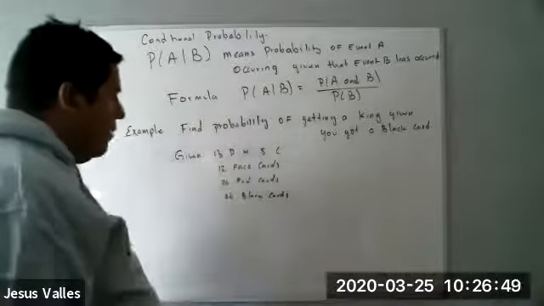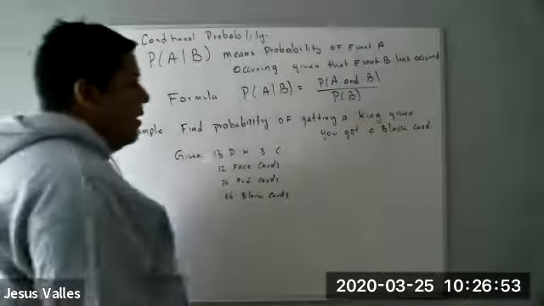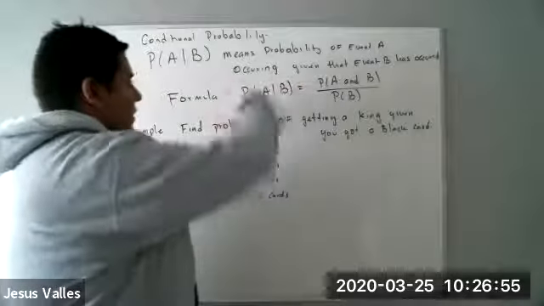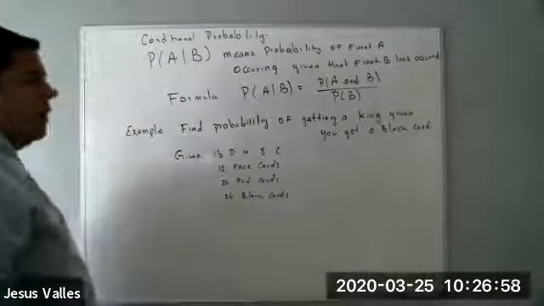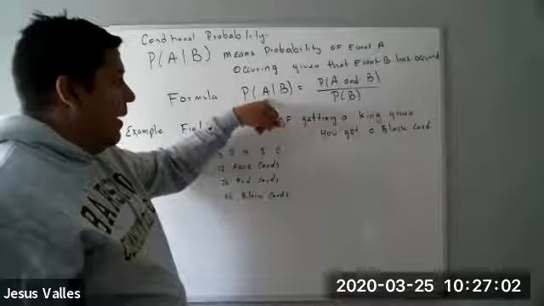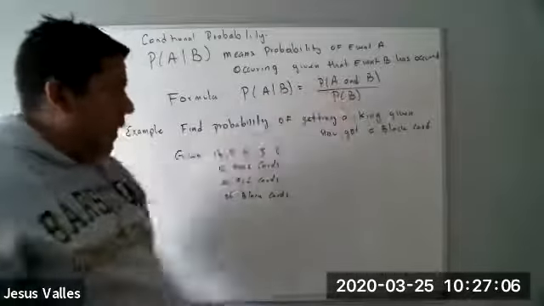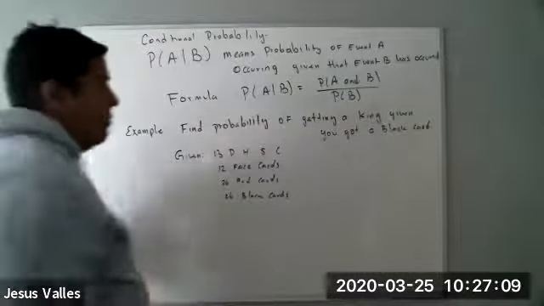Right, so now these are the given parameters of a standard deck of 52 cards. And so we're trying to make sense of the problem. Anything that comes before the word given is going to be represented by event A. Anything that comes after the word given is going to be considered event B. So that's how we're going to attack this problem.